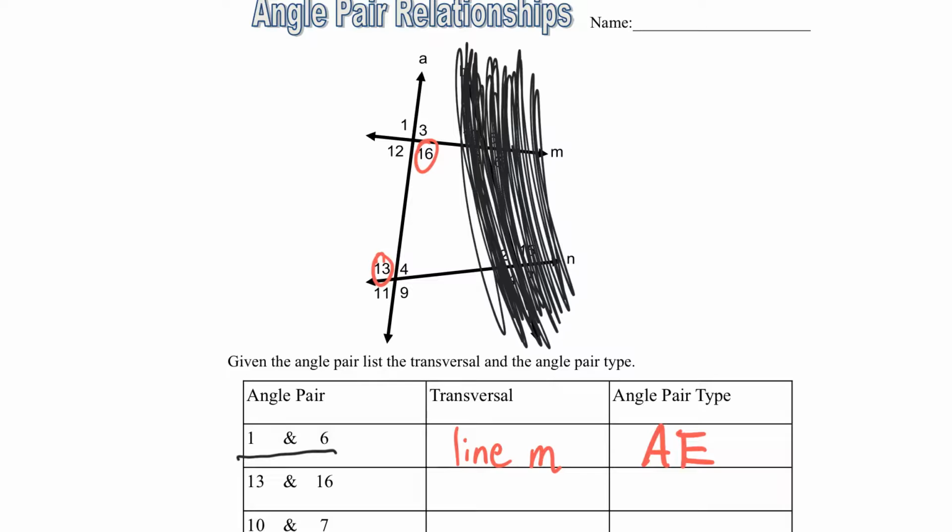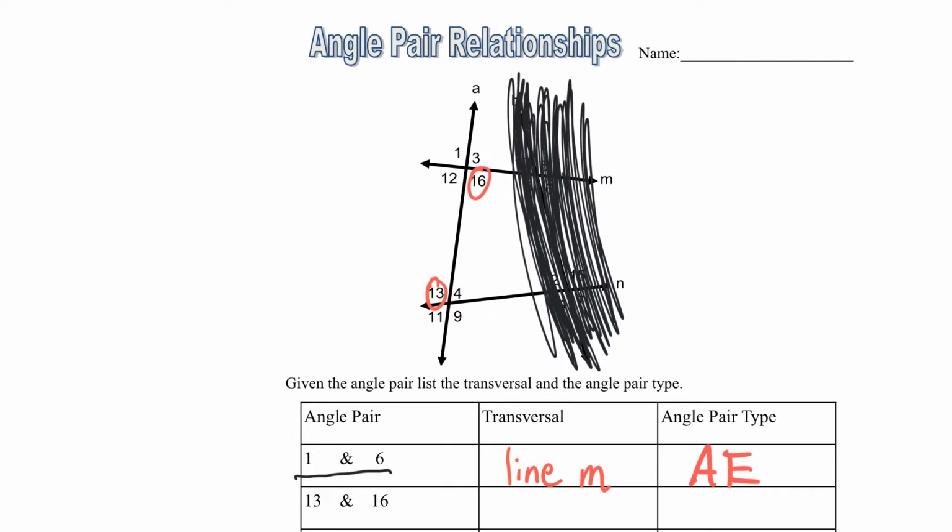So now, notice what happened here. This time we've kind of turned a different way. So this time now the interior is everything in here between those walls. So 13 and 16, are those interior or exterior? Interior. They're interior. They're between the walls. Okay? And now the question is, are they on the same side or opposite side of the transversal?